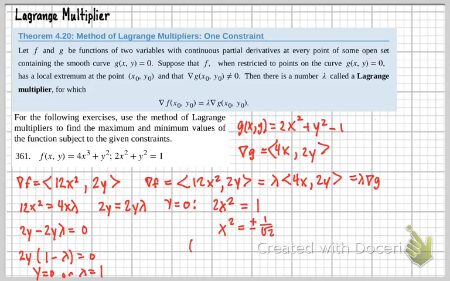The first point is going to be 1 over square root of 2, comma 0. And the other one is going to be negative 1 over square root of 2, making sure that's a negative there, because remember, we got the plus or minus here, comma 0. So that's our second point, dealing with just the case of y equals 0. We also have lambda equaling 1.